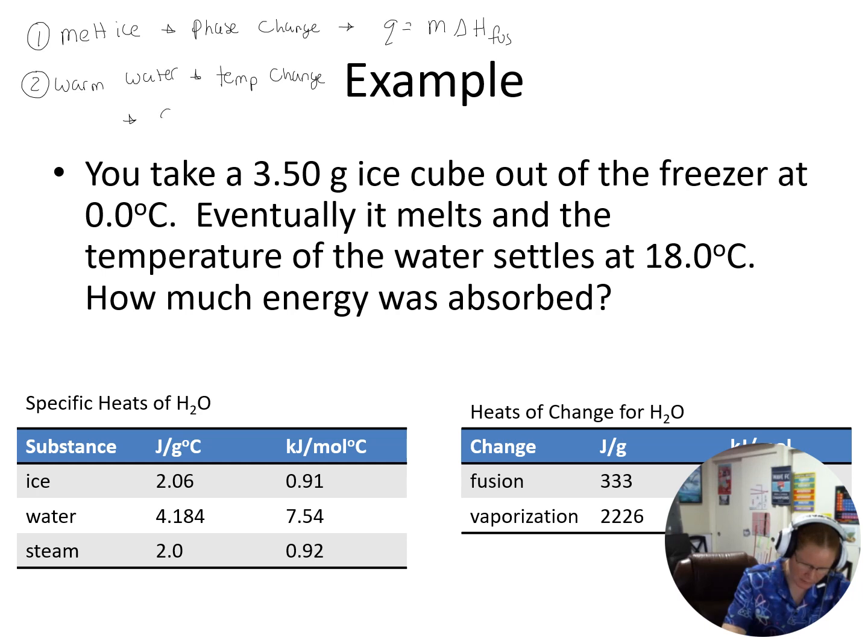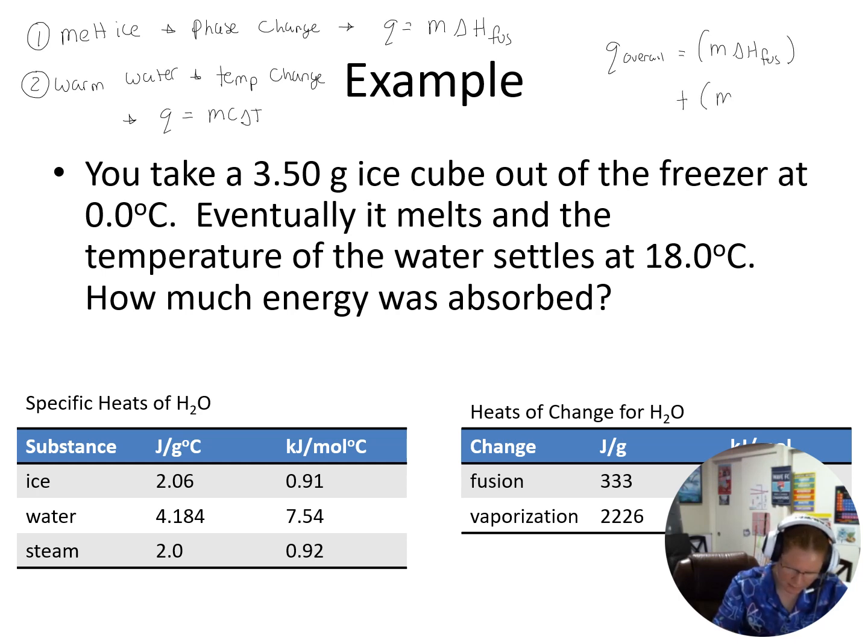So that's where we're going to use the mc delta T. To get the overall Q, we're going to take mass times the delta H of fusion plus that mc delta T. We're going to add the two processes together, and that's going to give us our overall change.